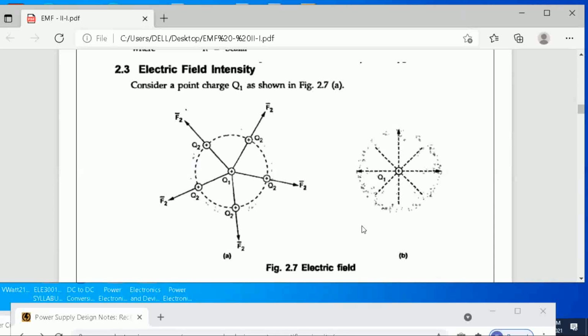Yes, like the individual effect a charge exhibits in relation to another charge. Okay. If you think of a force, right? The intensity of a force would be the force per unit area, right?